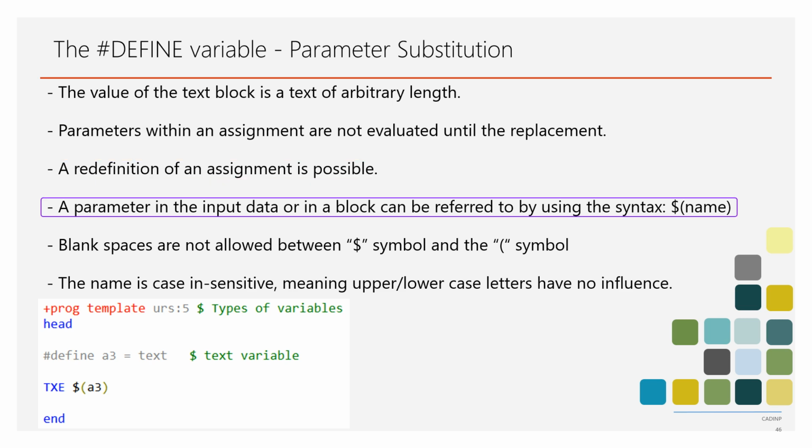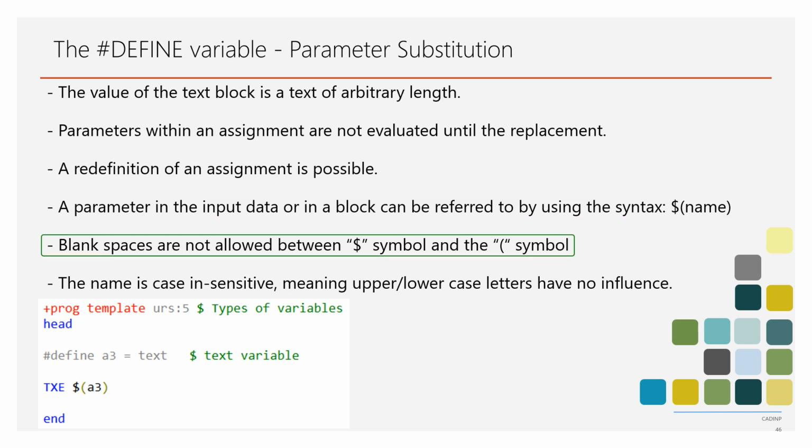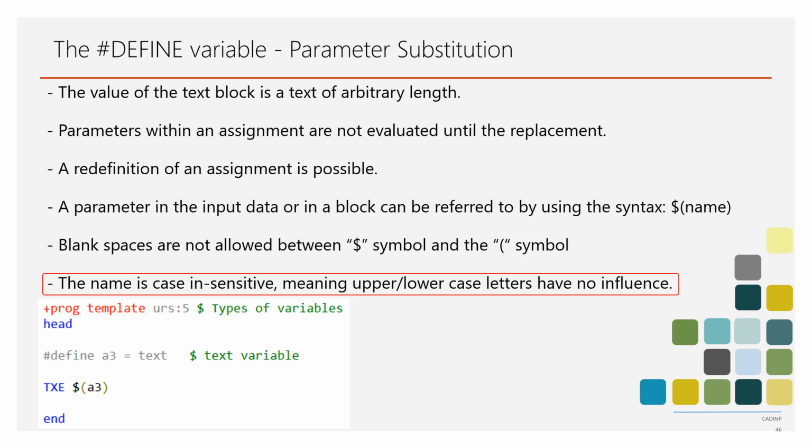A parameter in the input data or in a block can be referred to by using the syntax $, followed by the name in parentheses without any white space. Blank spaces are not allowed between the $ symbol and the parenthesis symbol. The name is case insensitive, meaning upper and lowercase letters have no influence.